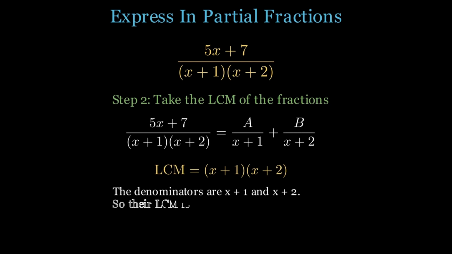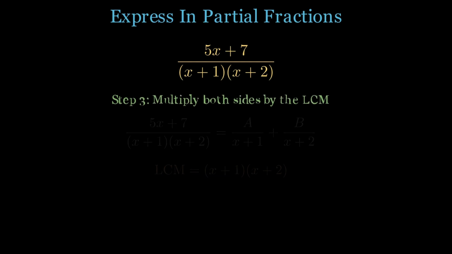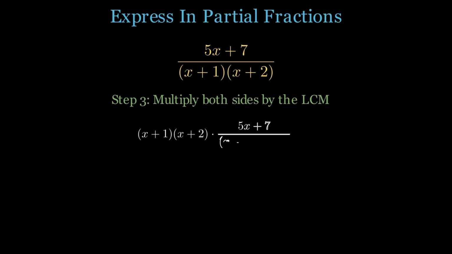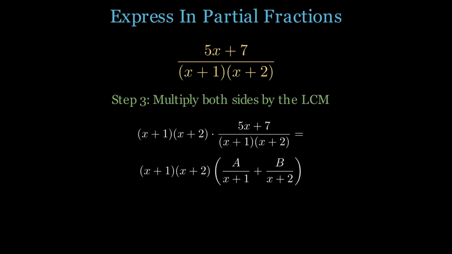After getting the LCM, we multiply it on both sides. When we multiply on both sides, we can cancel those that are common, and we end up having 5x + 7 is equal to A(x + 2) + B(x + 1).